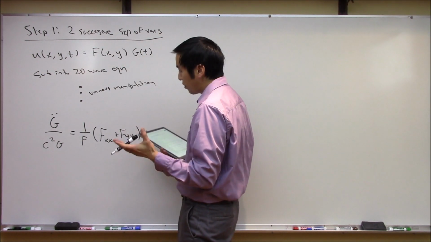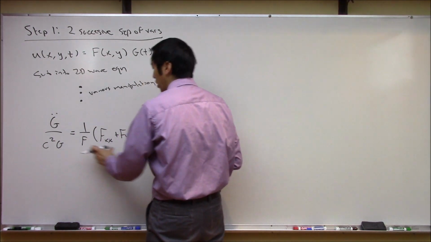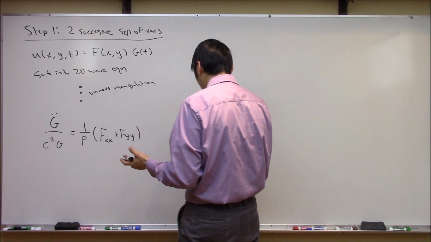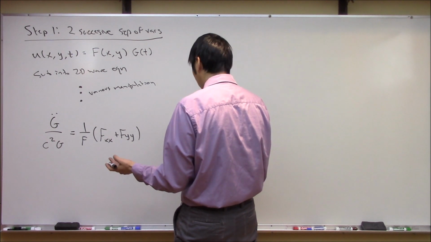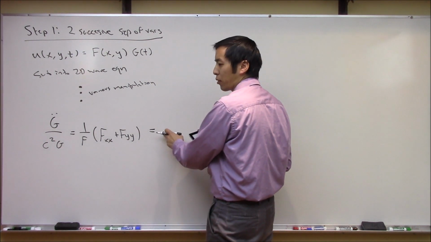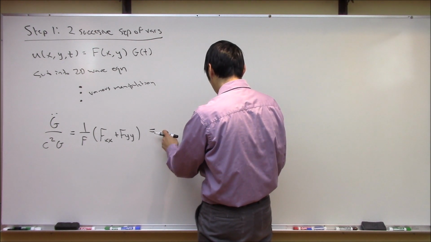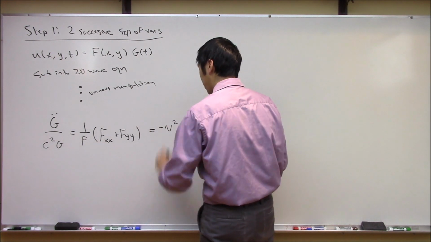So what we notice here is that the left-hand side is just temporal variables, and the right-hand side is just spatial variables. So we're going to make the exact same argument we did earlier: these two things have to equal some separation constant, and you can make the same argument we did in previous videos showing that this has to be a negative value. So let's denote this as negative nu squared.